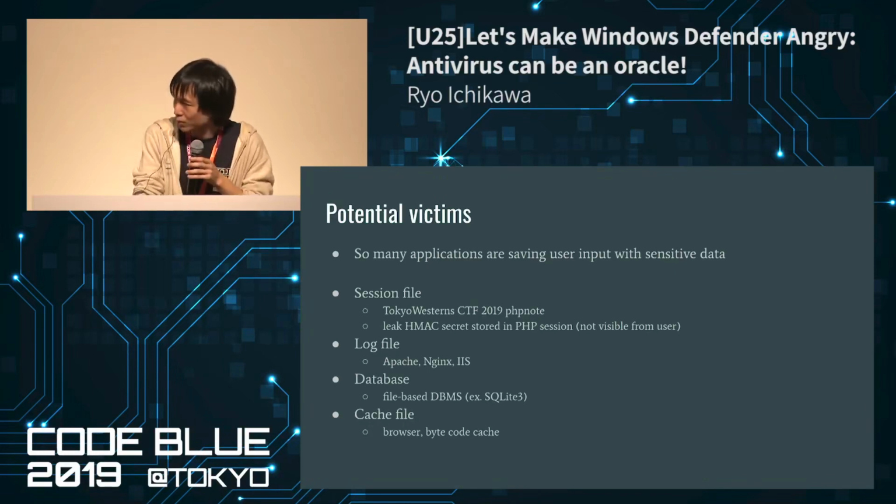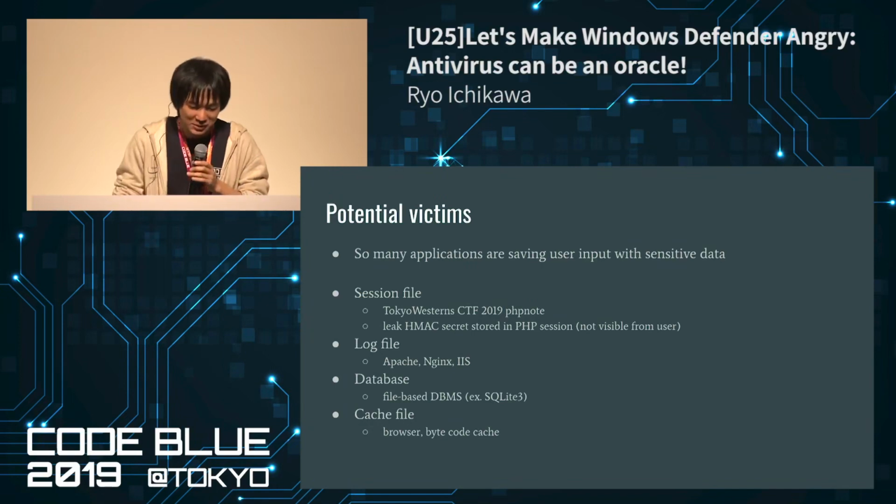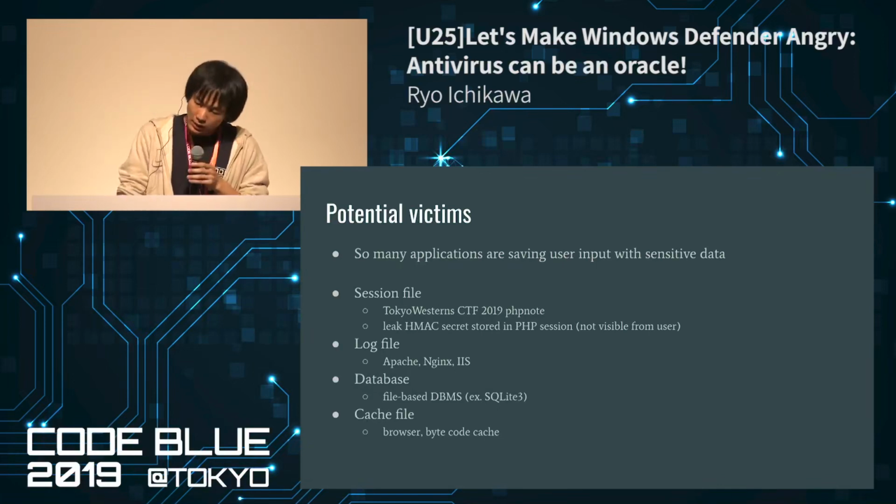I reported it to Microsoft, but it was silently fixed with no response. Another victim would be databases and cache files. For databases, file-based databases like SQLite 3 are victims.